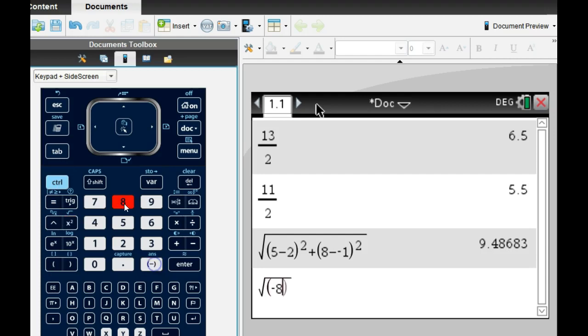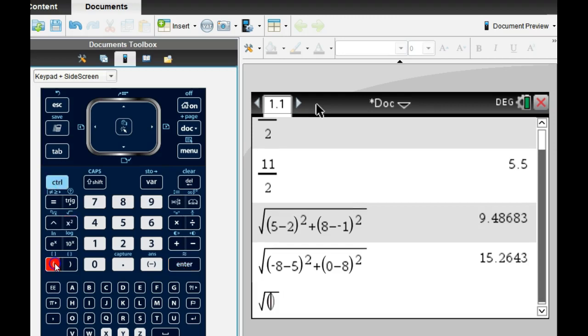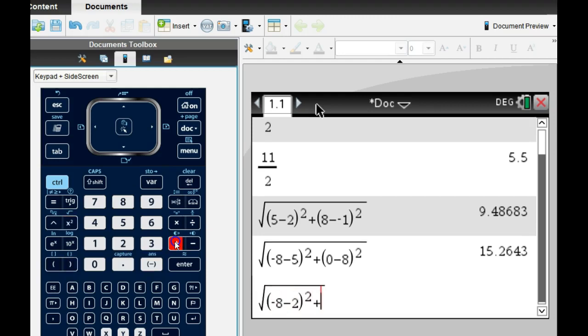Square root of negative 8 minus 5 parentheses squared plus 0 minus 8 parentheses squared. Alright, and then the last one, negative 8 minus 2 parentheses squared plus 0 minus negative 1 parentheses squared.